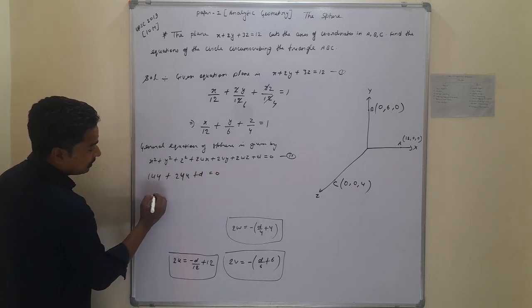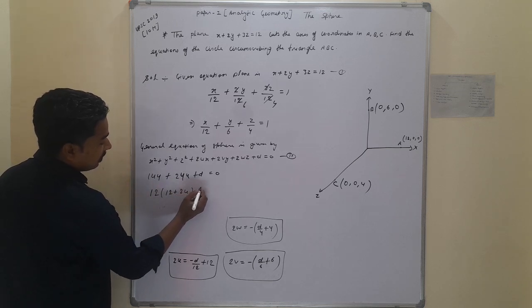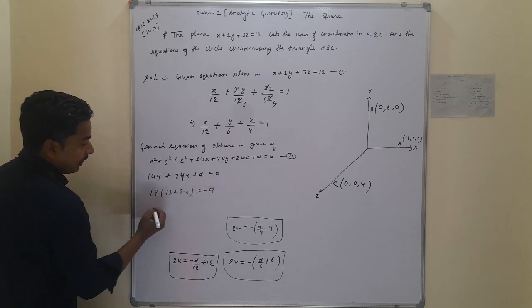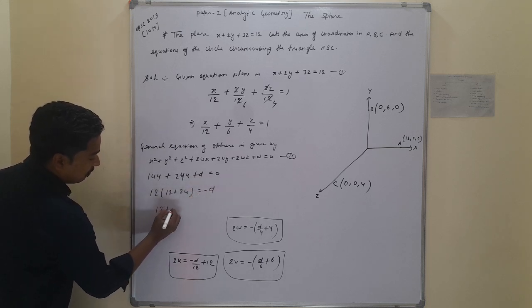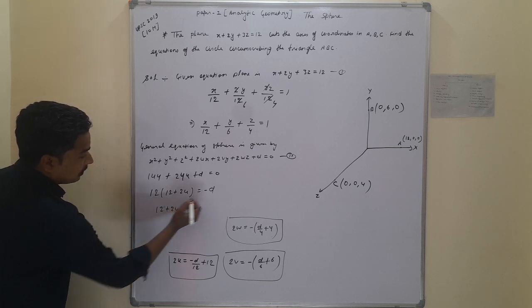Taking 12 common, 12 plus 2u, and taking d to the right-hand side, we get 12 plus 2u is equal to minus d.